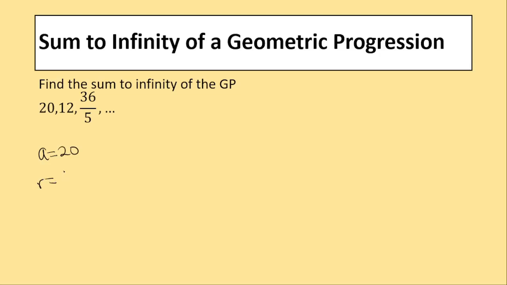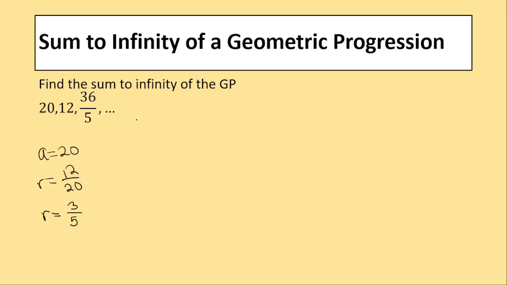So the common ratio, we get the second term divided by the first term. We can simplify this. 4 in 12 will give us 3. 20 divided by 4 will give us 5. So our common ratio is 3 over 5.